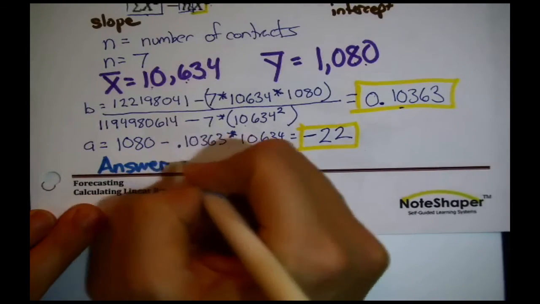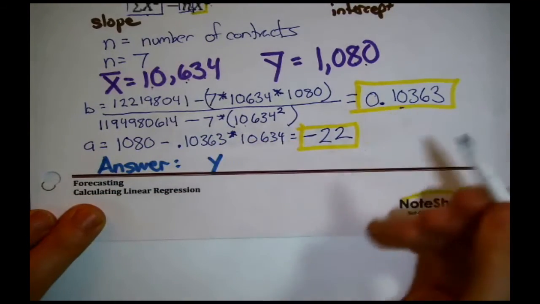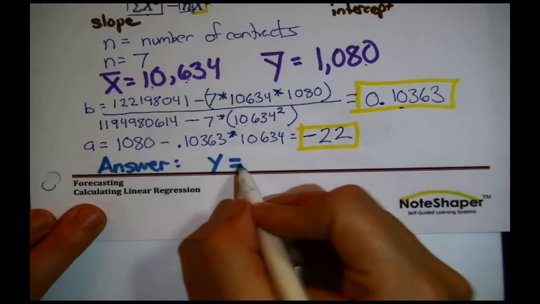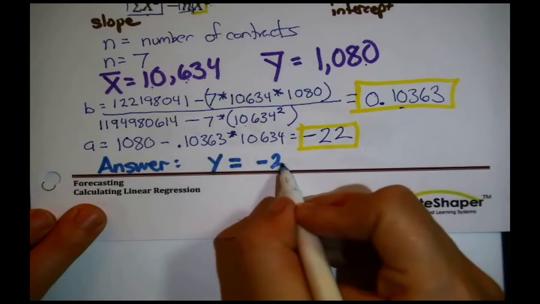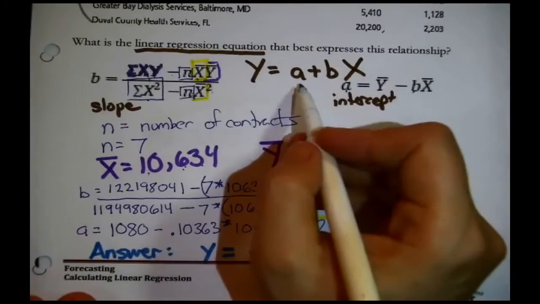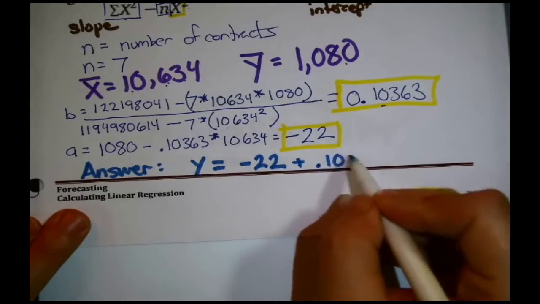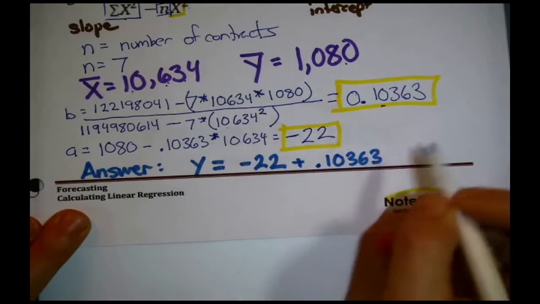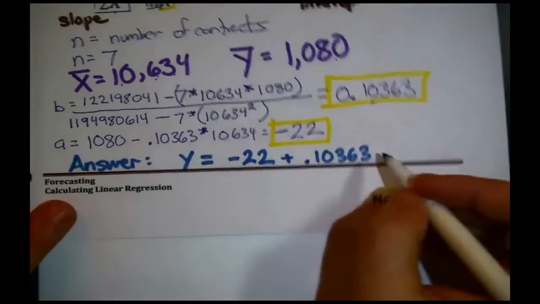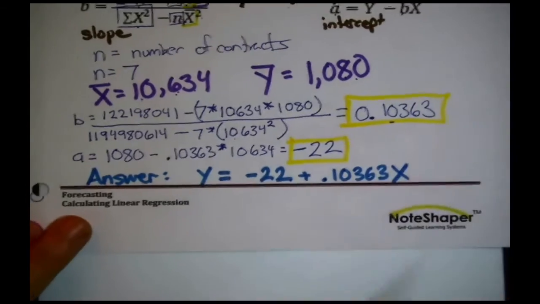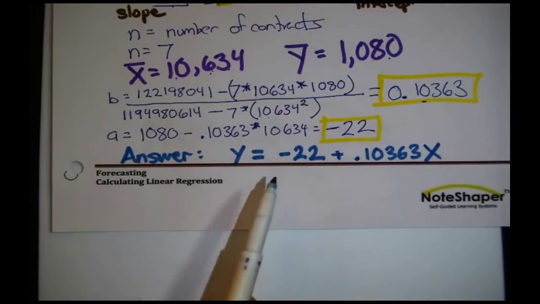The answer is y, the number of van transports we think, equals -22, that's the A, plus 0.10363, that's the B, times x. That's the actual linear regression equation that we just found manually from that data.